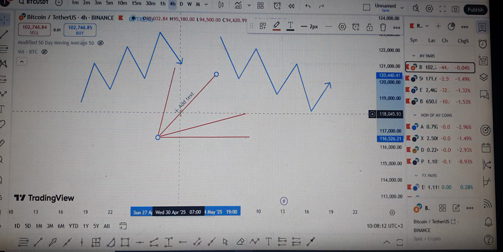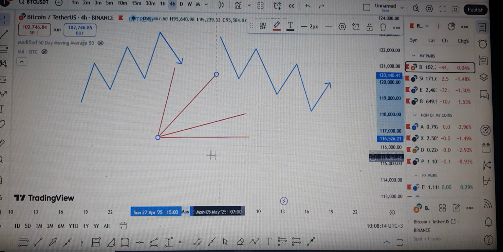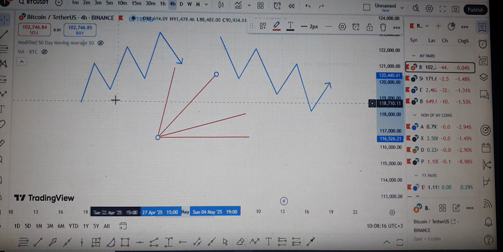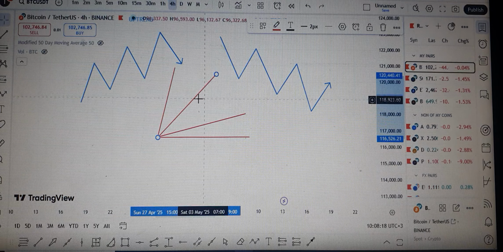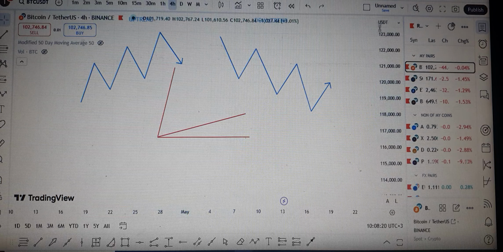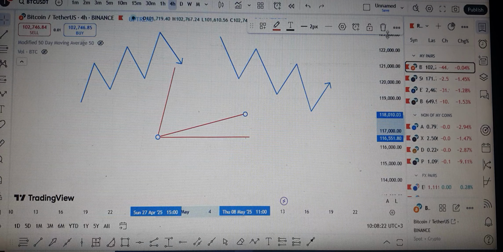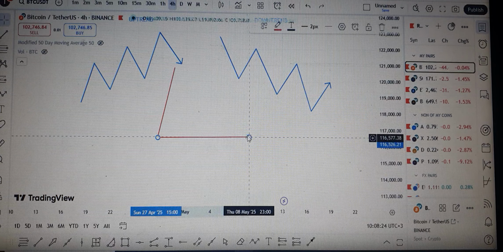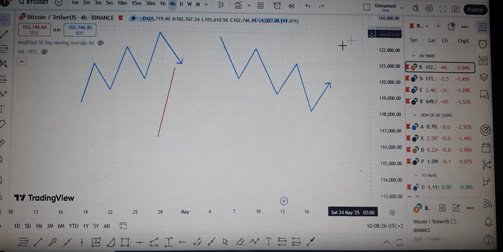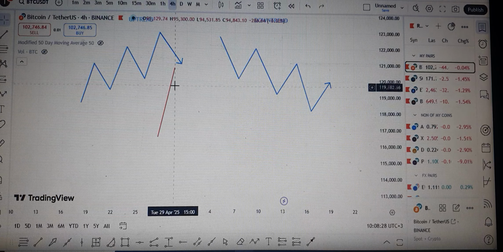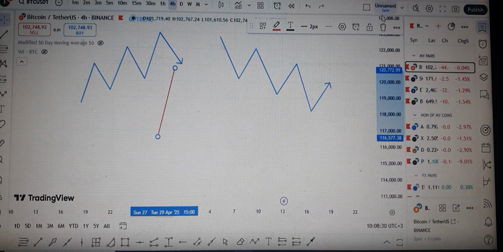Yes, how do we use trend lines as supports and resistances? I can delete this. We can use trend lines for getting trades.